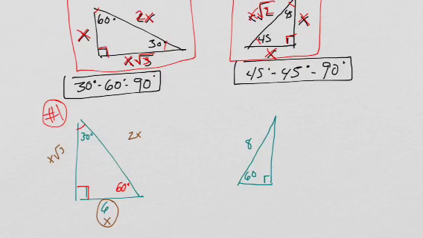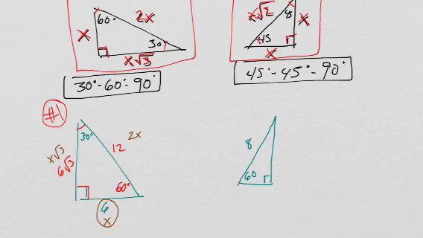So now I can fill in the rest of the sides. The hypotenuse is double that, so it's going to be 12. And then the long leg is going to be that short leg, 6, times the square root of 3. If I wanted to, I could type the square root of 3 times 6 in my calculator and get the answer in decimal form. I won't do that here for the recording, but it tends to be what we're doing.